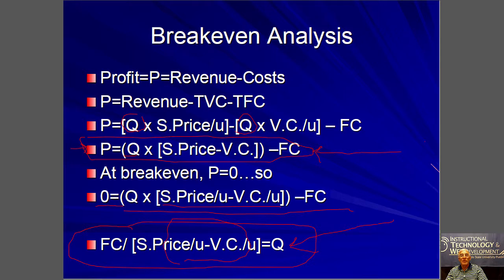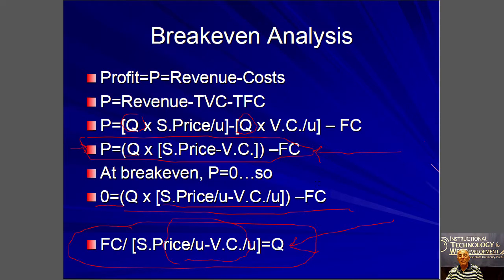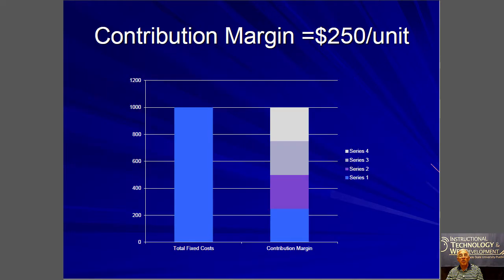So what does he do with all those dollars of contribution margin? Well, remember, the last part of the profit formula has the fixed cost term. All those contribution margin dollars go toward paying off your fixed costs.